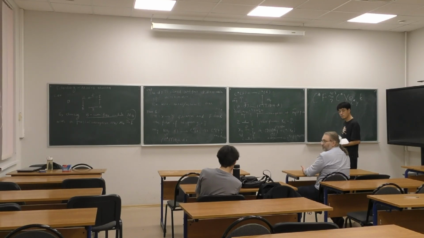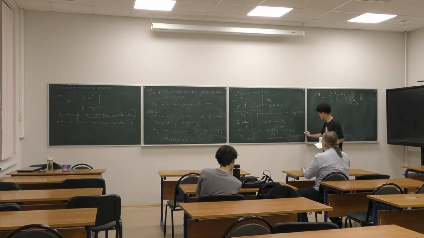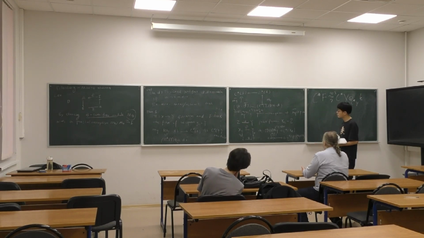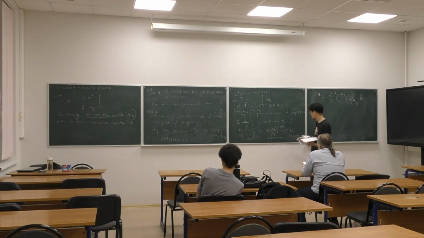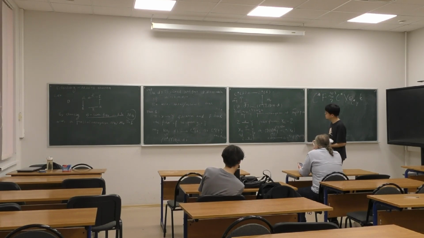So Jiping, could you please explain what MZ is? So we have C upper star of Z, tensor over C upper star of Y, which means C upper star of Y cancels.